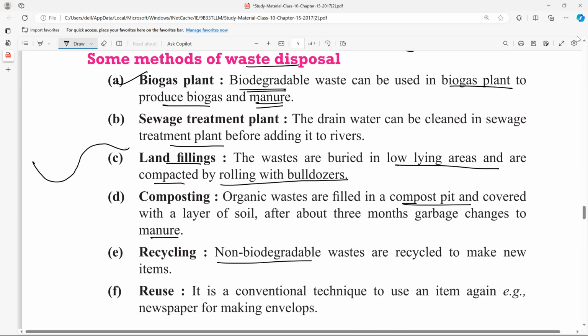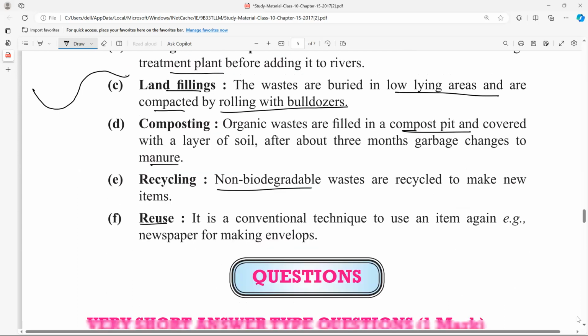And then reuse. Reuse means it is a conventional technique to use an item again, like newspaper for making envelopes and different things. So that's reuse, recycle, and reduce. The third R is reduce.